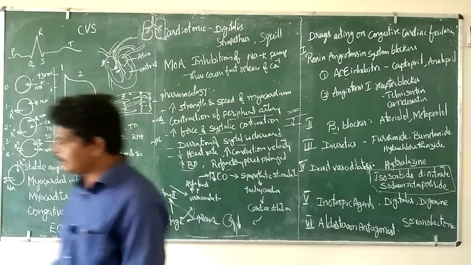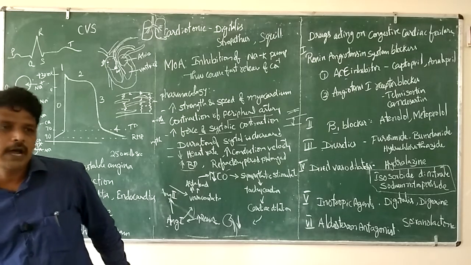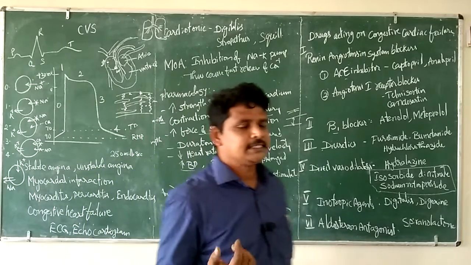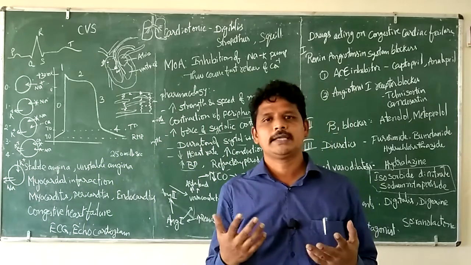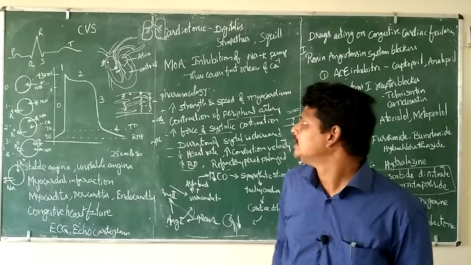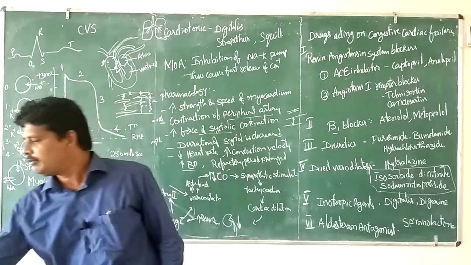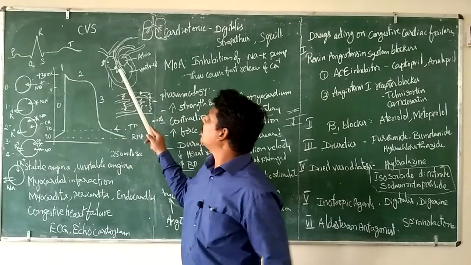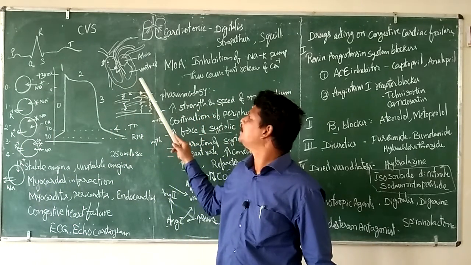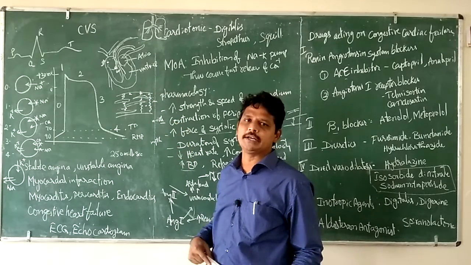Okay. Next we will see how the heart generates its impulses, and how the heart can contract and relax. Normally the SA node and AV node are present along with the Purkinje fibers and bundle of His, which allow the heart to contract.